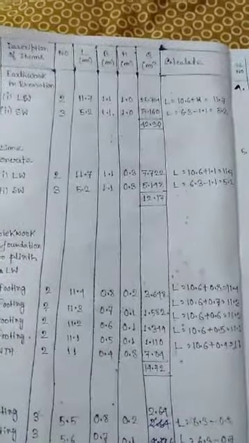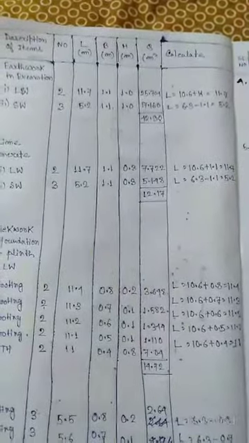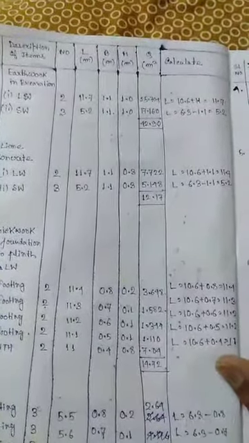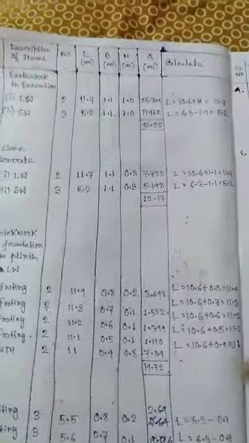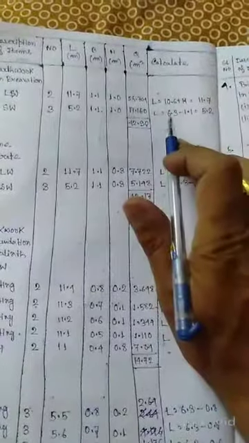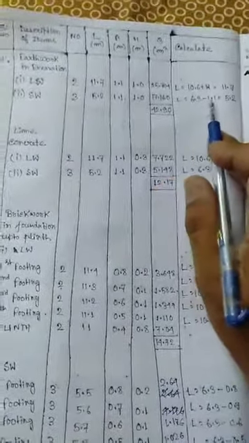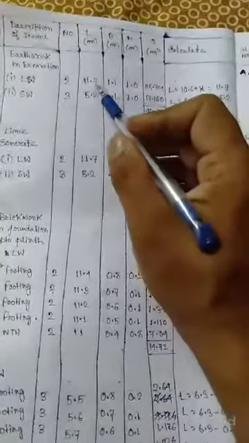For the short wall, the center to center distance is 6.3 meter, and we have to subtract the breadth of the foundation. So the length will be 6.3 minus 1.1, so it will be 5.2. So you have to write here 11.7 and 5.2.